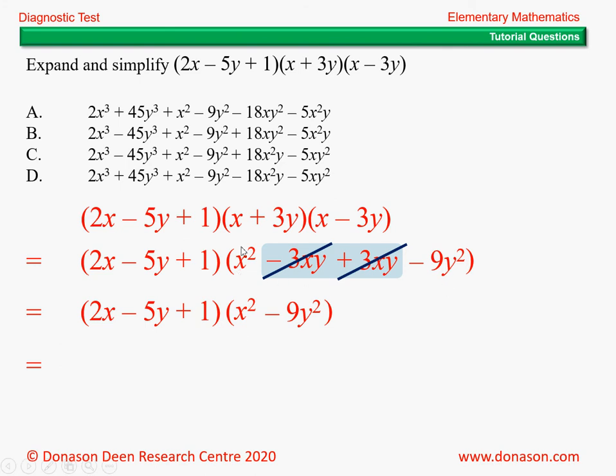Now this is exactly the reason why I did the expansion of these two brackets first, instead of expanding the first two and finally cancelling. If I expand the first and the second bracket, you would have noticed there are 3 terms here and 2 terms here. 3 times 2 should give you 6 terms when you perform the expansion. And then there are 6 terms, and you're going to multiply by 2 more terms.